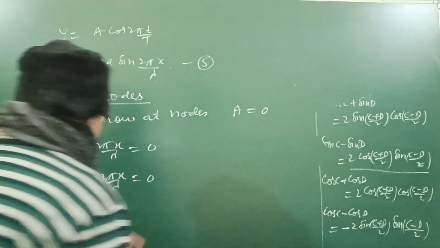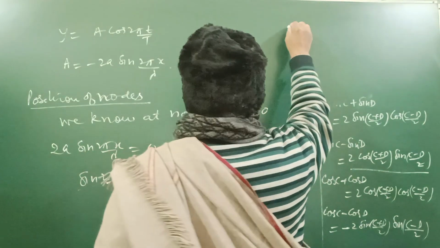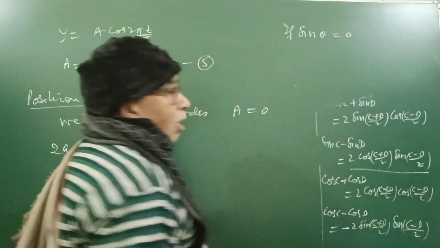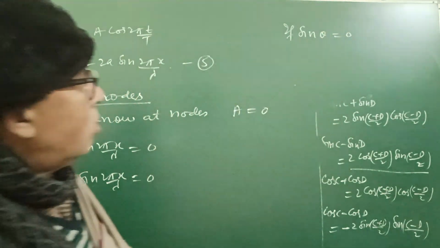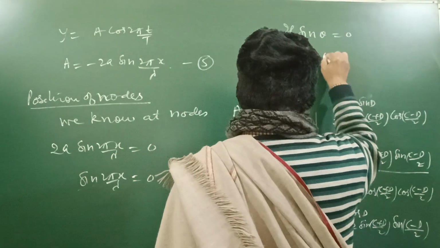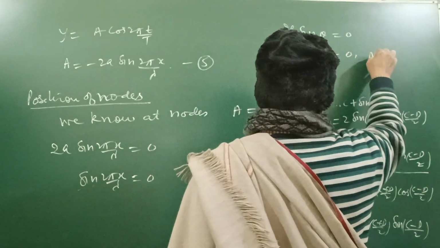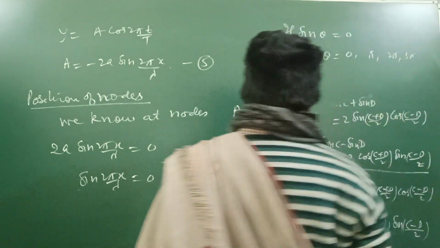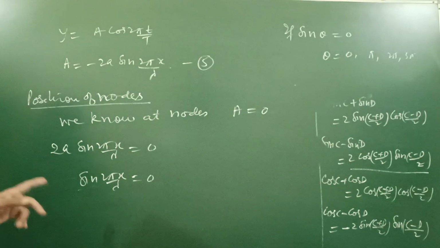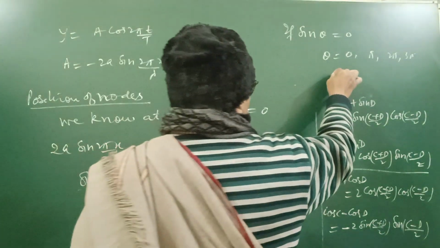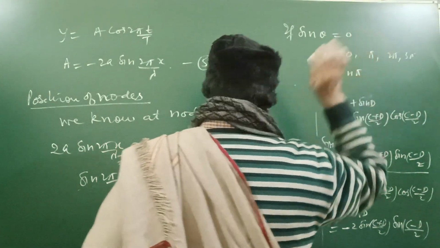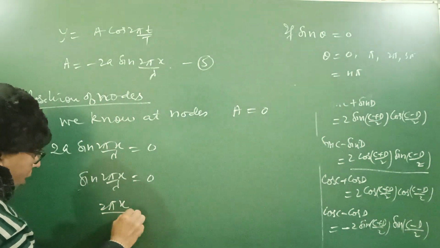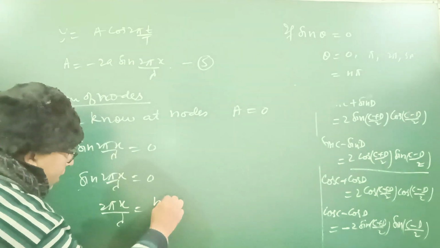So here come to mathematics. If sine theta is 0, so what value of theta do you expect? Then theta will be 0, pi, 2 pi, 3 pi and so on. So here how to write that? We write theta equal to n pi, where n is 0, 1, 2, 3. So 2 pi x upon lambda equal to n pi.